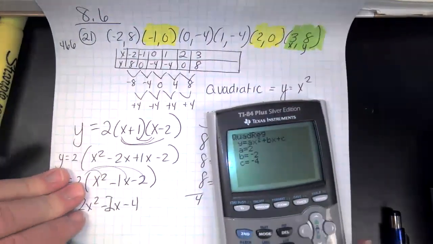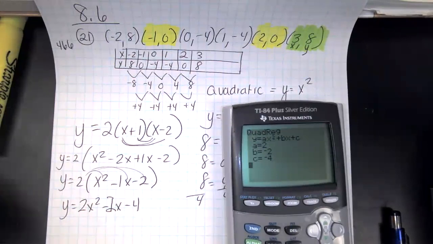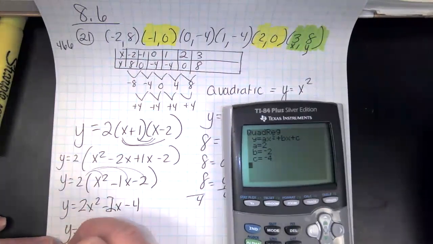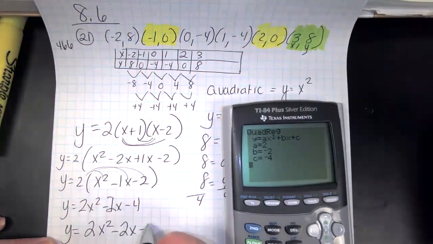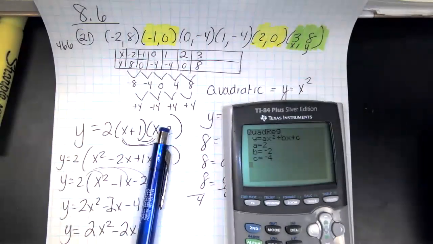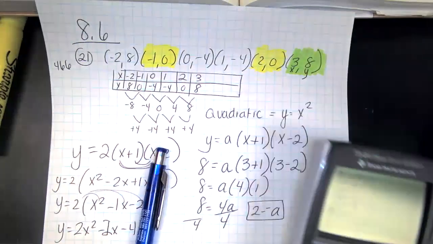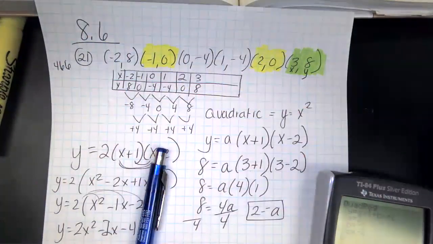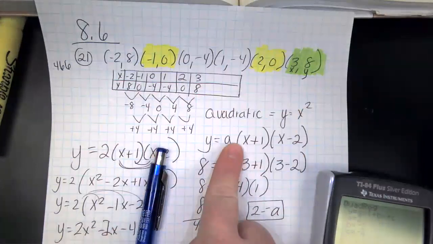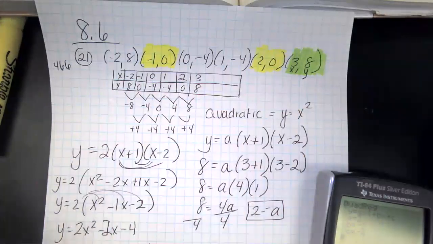So look, see my answer right here. If I write this down, y is equal to 2x squared minus 2x minus 4. Okay, so yes, I know a lot of this by hand, but you had to do this in 8.5.